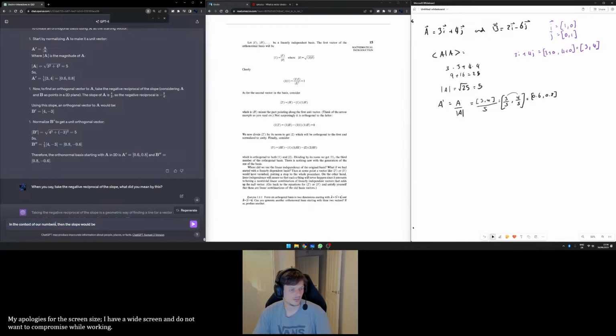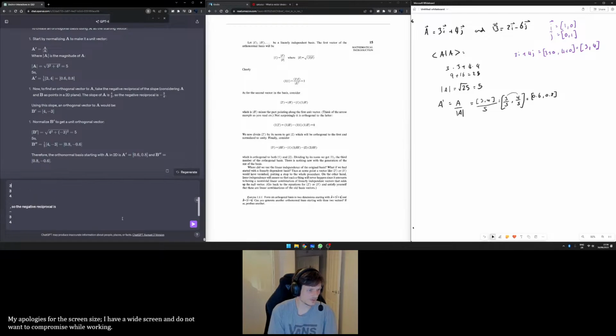In the context of our numbers, you said the slope of A is 4 over 3, so the negative is negative 3 over 4.